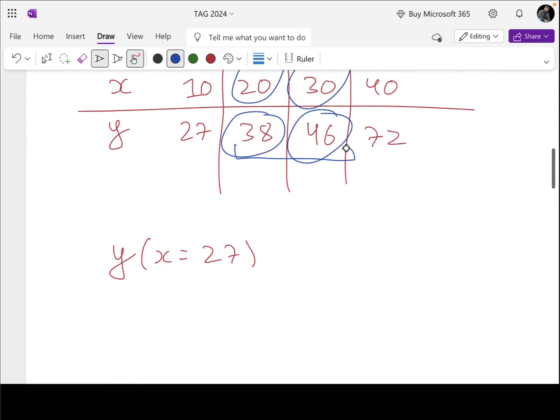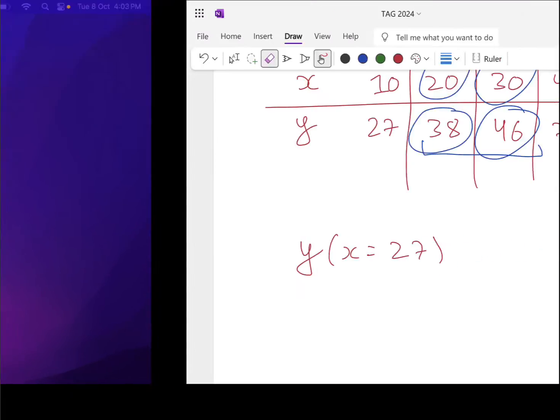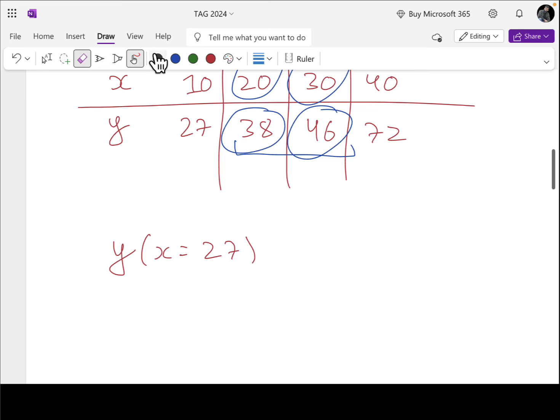Now how do you do it, right? You know that the value is going to be larger than 38, right? So you start with 38. So you say 38 plus, because I want to go higher from 38. Now how much higher from 38 do I want to go?